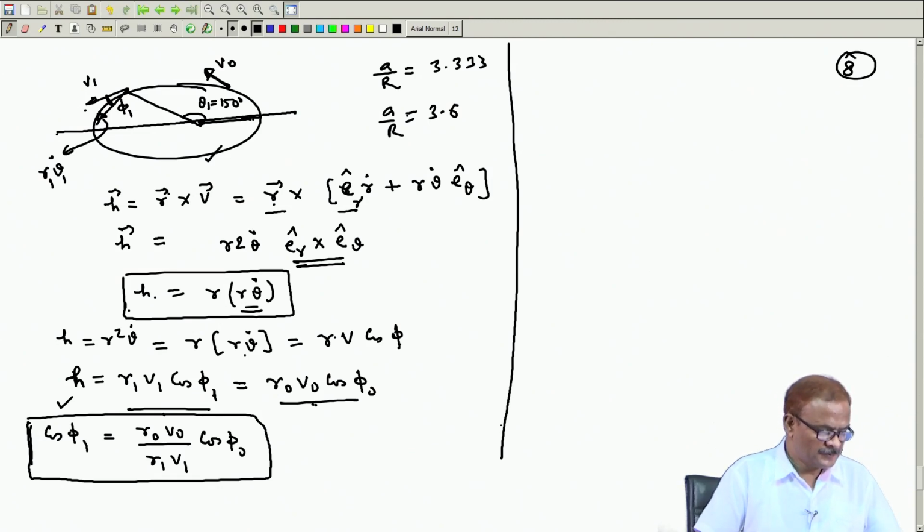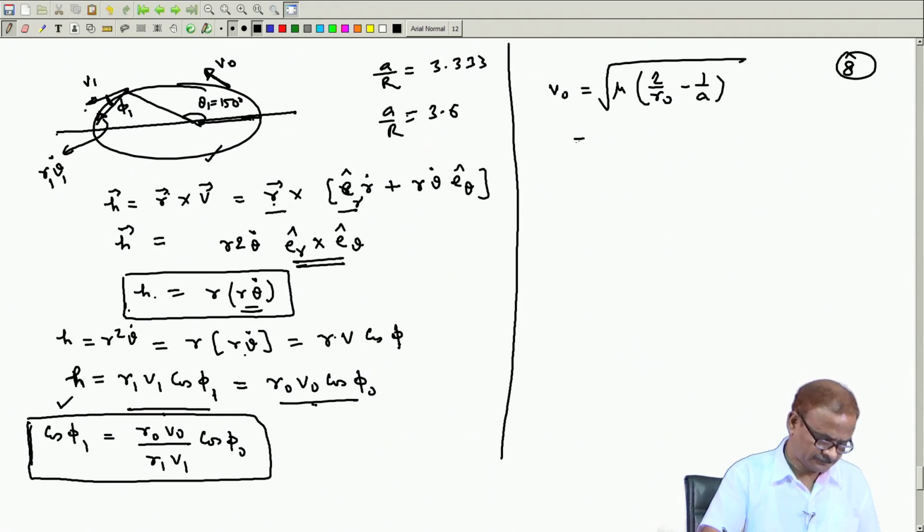Okay, so we now require r 0 and v 0 in this place. Once we get this, our job is done. So v 0 is the quantity under root mu times 2 by r 0 minus 1 by a.